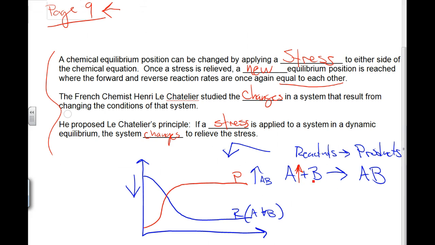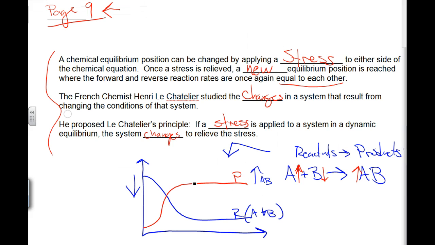So if that's more likely, then more B will be used up. So I'm going to remove B, and that would mean that I would increase the amount of AB present. Okay, so now I'm going to draw that with black on the graph.